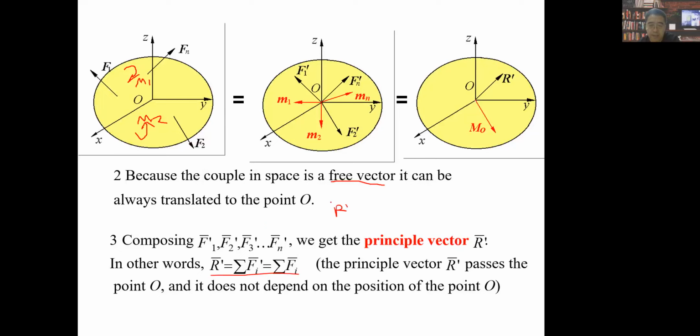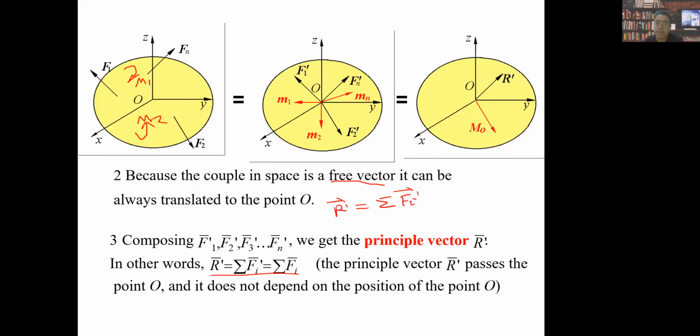It just means R prime equals sigma Fi prime. Actually, this is a vector equation. It can be projected onto three axes like x, y, and z, so it means three scalar equations. We'll talk about that in the third section of this chapter.